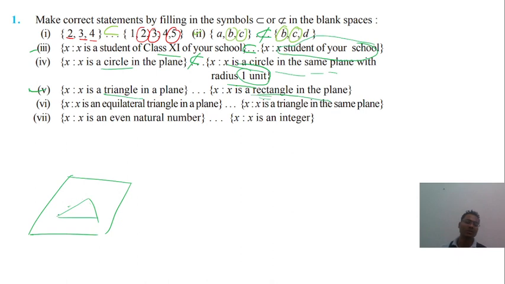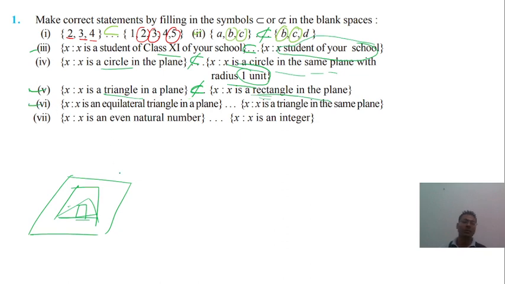So I draw another rectangle, but the rectangle may be inside or outside this triangle. So it again creates a contradictory statement, since all the triangles cannot be a subset of the rectangle, so we put a not a subset sign here.